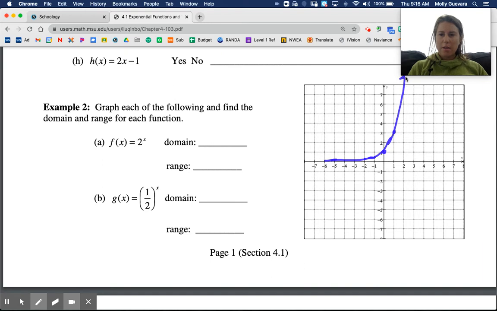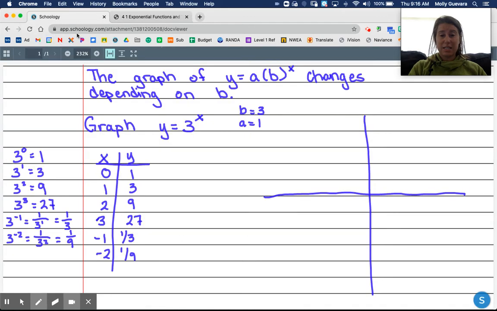Think about it. If I'm going to the left, I'm dividing by 3, dividing by 3, dividing by 3. If I keep dividing by 3, will I ever get to 0? If we really think about it, the answer is no. The only way I can get to 0 is if I do 0 divided by something, right? Because I never get to 0, it'll just keep getting smaller and smaller, and I get infinitely close to 0, but I can never get to 0.